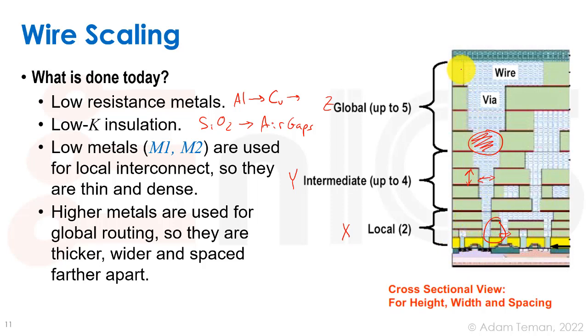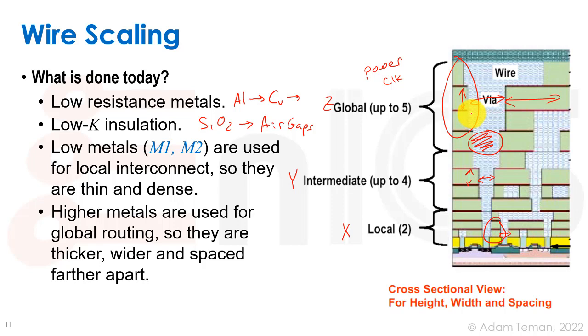The top metals, the Z layers, are usually really only used for power, for VDD and ground. We will also use them for clock trunks. So the main trunks of the clock will also be put in these really big, thick, and wide wires that can have a really low resistance, so the R factor doesn't become that big, and they have much lower coupling because we have these large spacings between them.